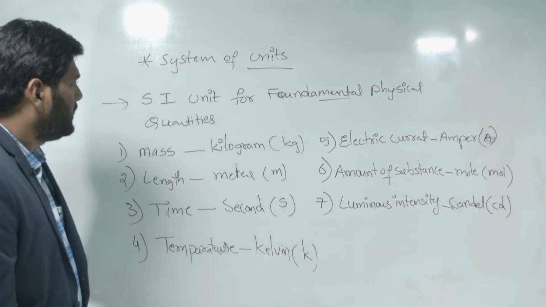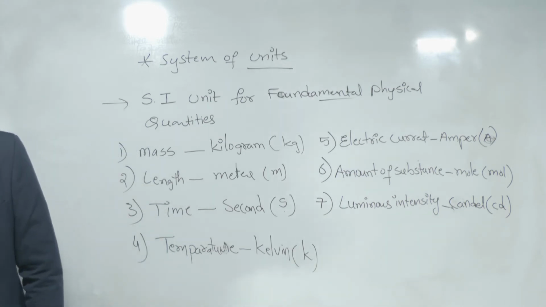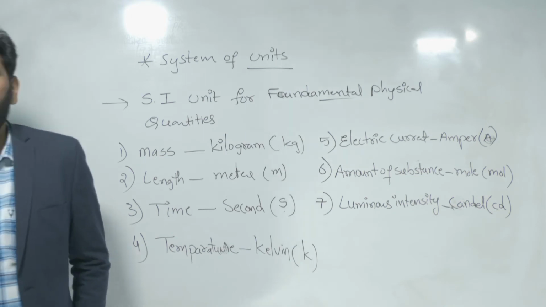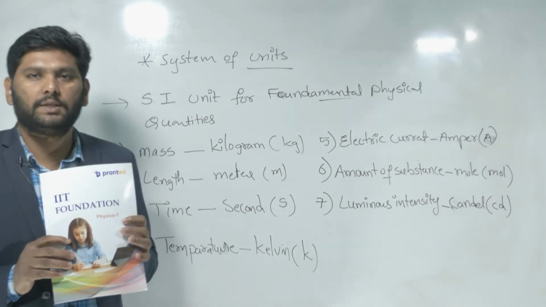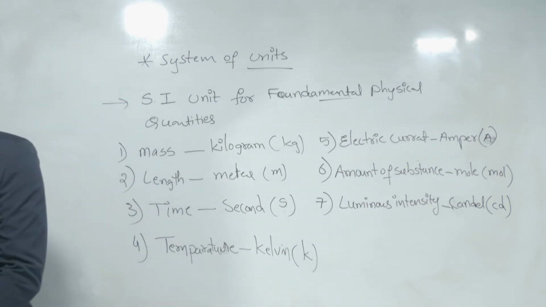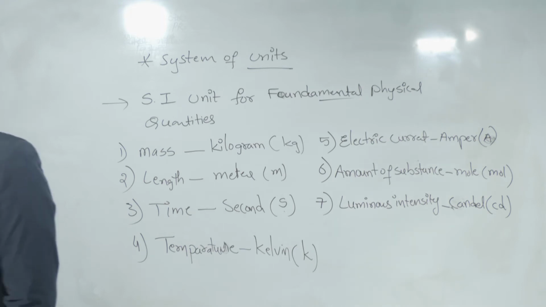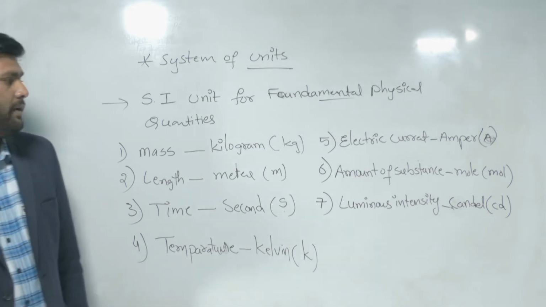Next, now let's do something. I hope everybody has this book, isn't it? Please open it and look at the units here. Just now I discussed the units, only the fundamental physical quantity units.